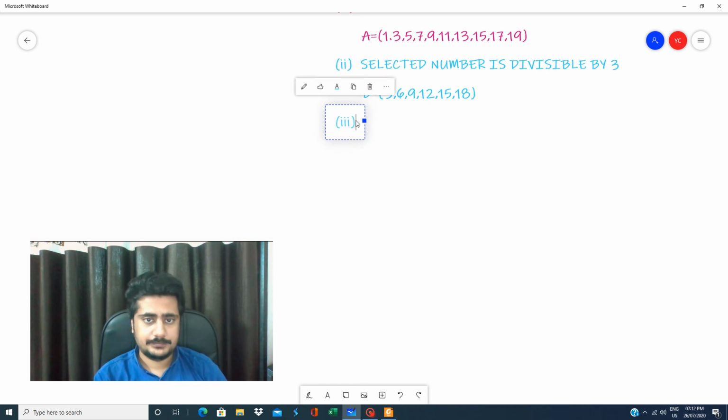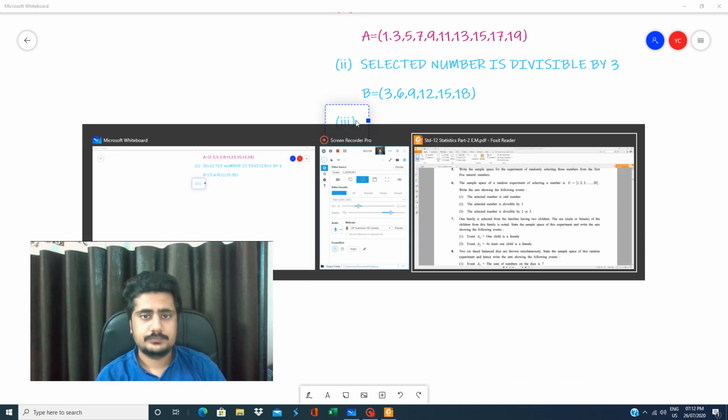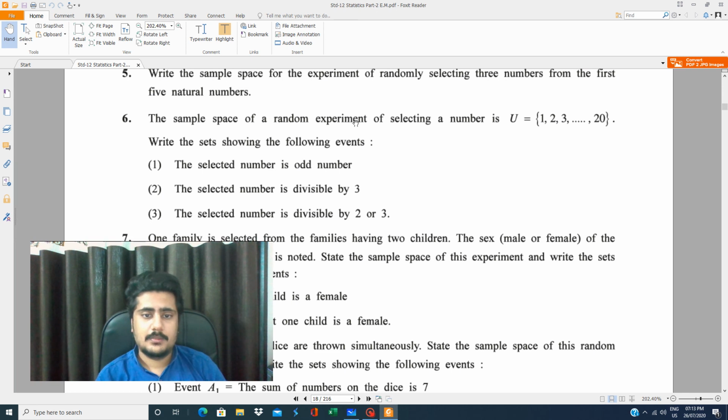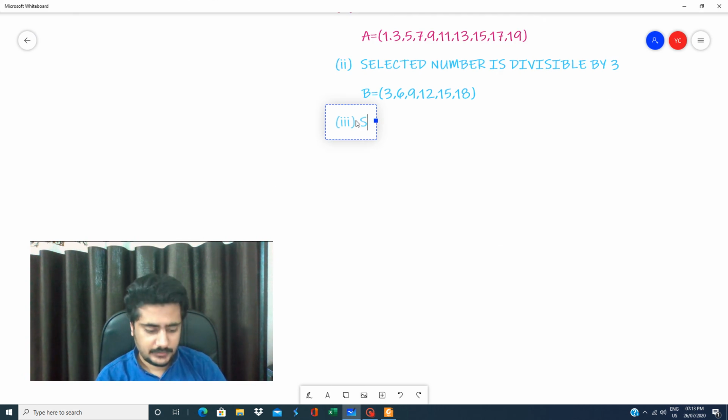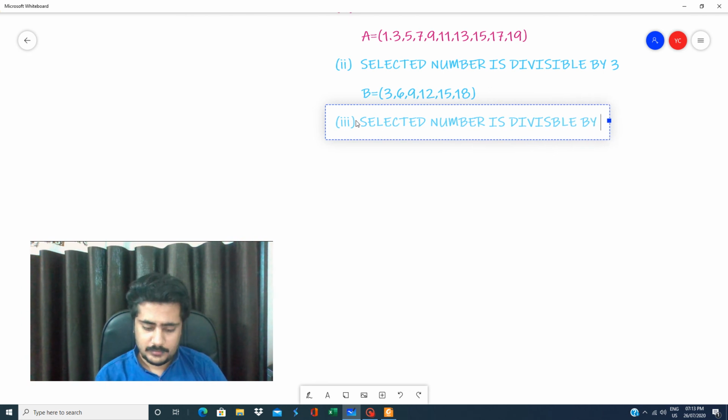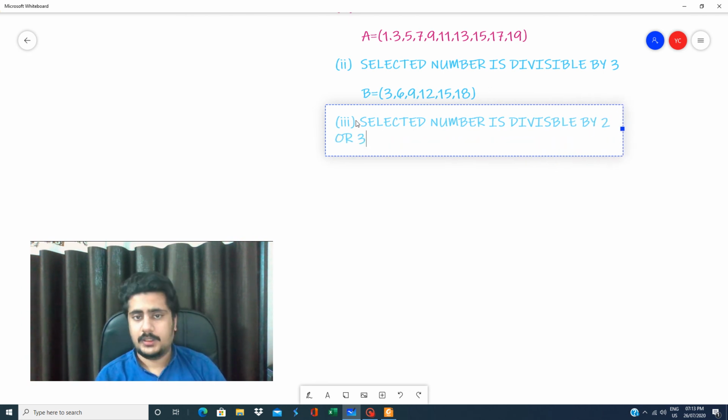Third one. The selected number is divisible by 2 or 3. That means the number should be divisible by either 2 or 3.